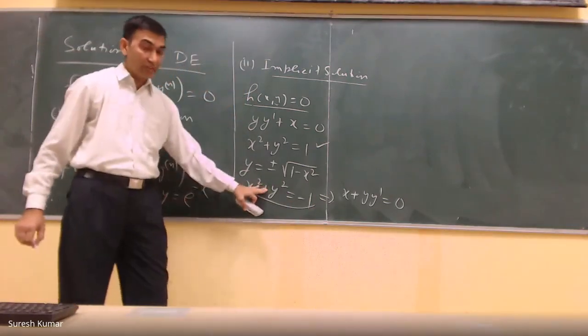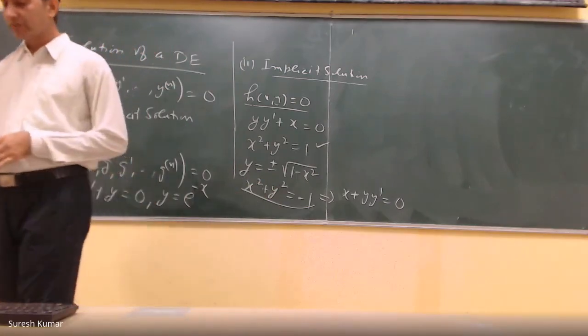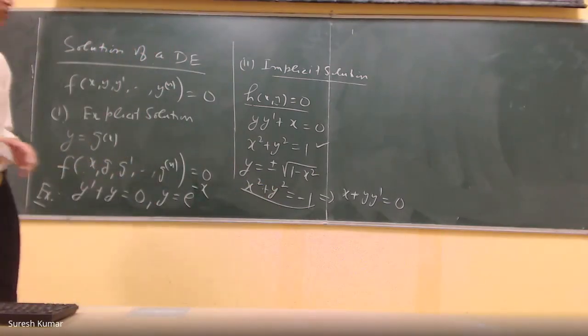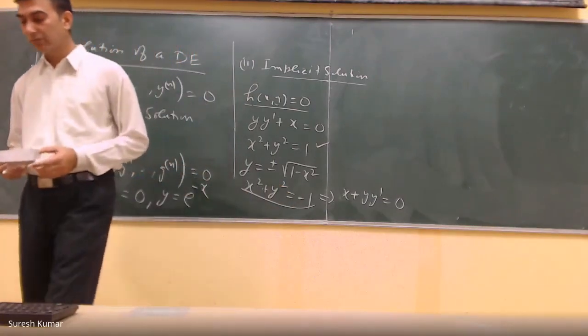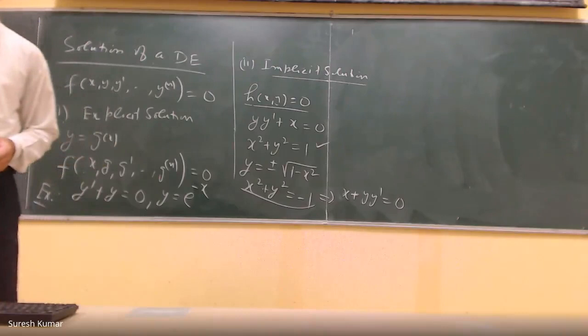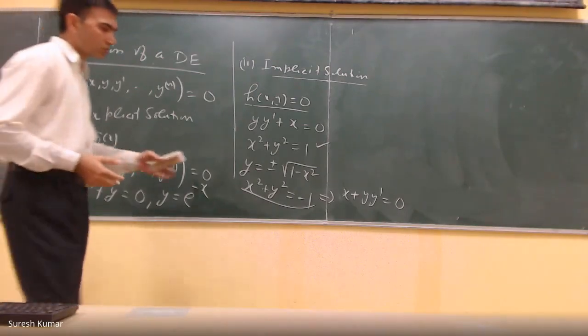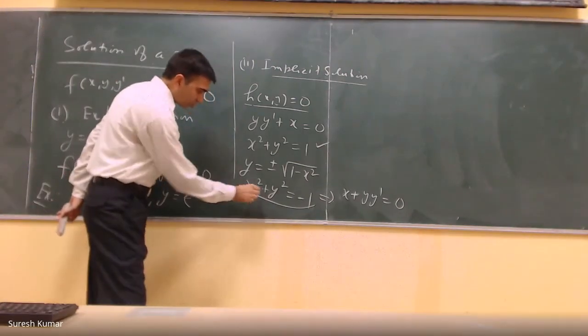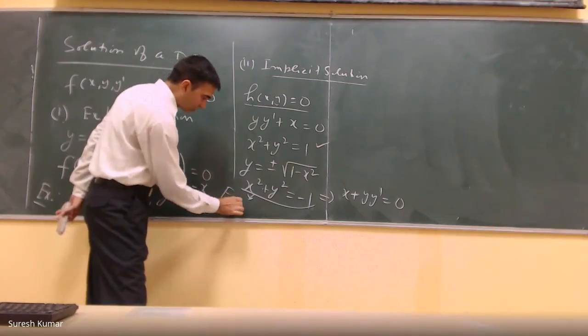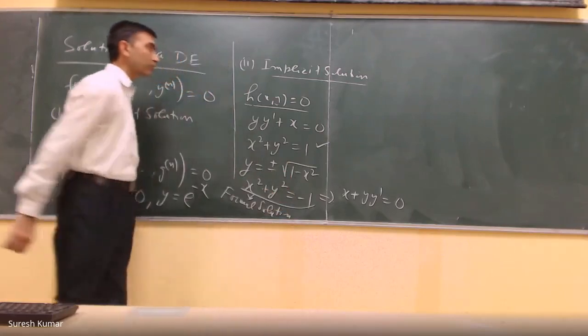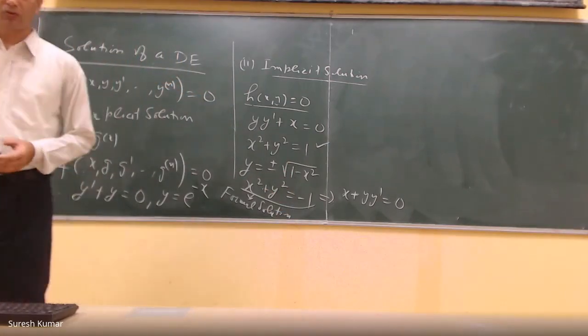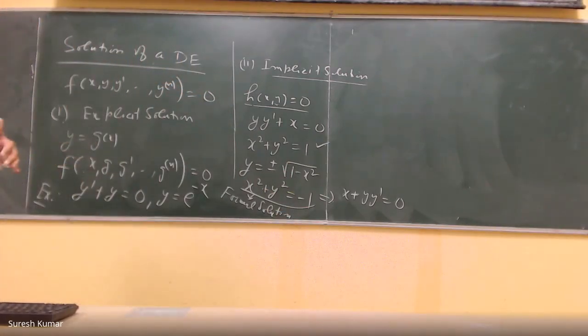Because you cannot get any real y from it. Whatever value of x, y you choose, this cannot be minus 1 because it is the sum of squares. So these solutions are not of interest, but we call them formal solutions. A solution of the differential equation that doesn't give an explicit solution but is still a solution.